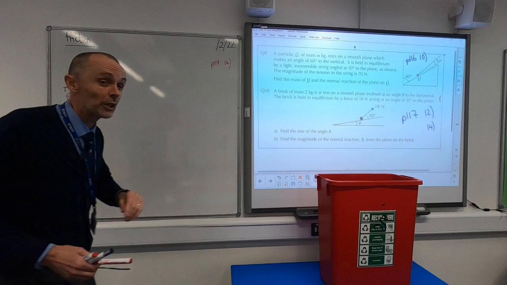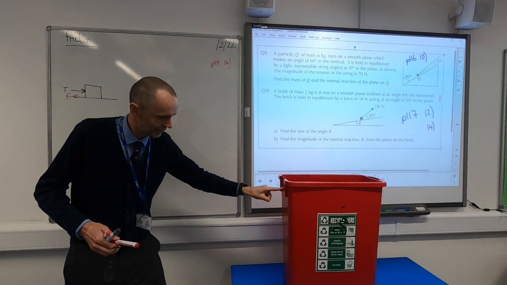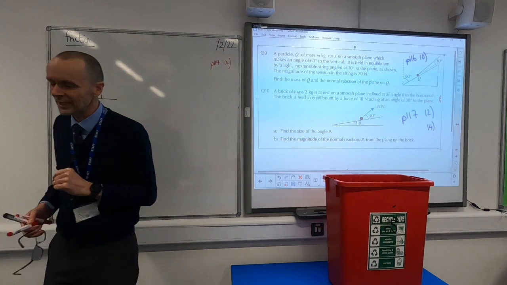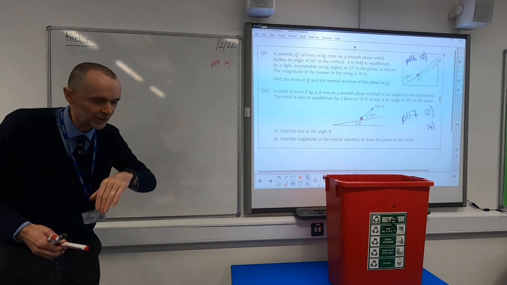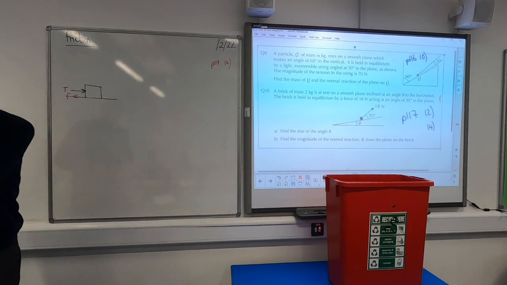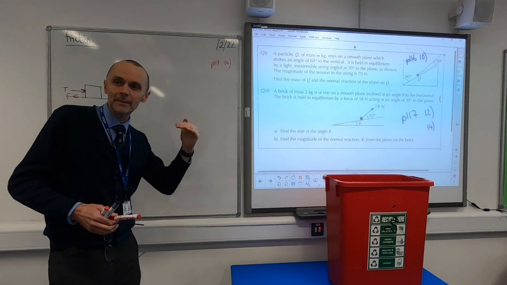Now, okay, I'm going to push it a bit harder. So Pat has correctly said that friction is variable, but what does the fact that I just managed to move the box imply? It's got a limit. Yeah, it can only go so far. It's not a force that will keep on getting bigger.